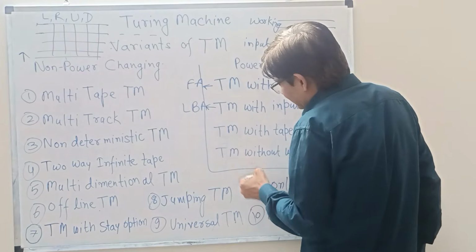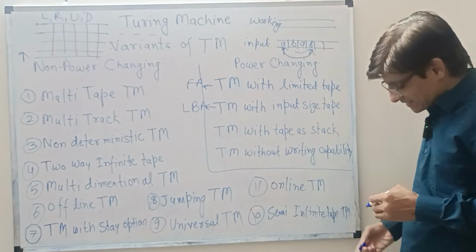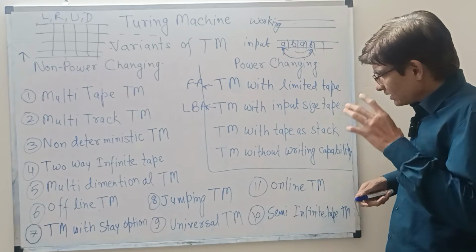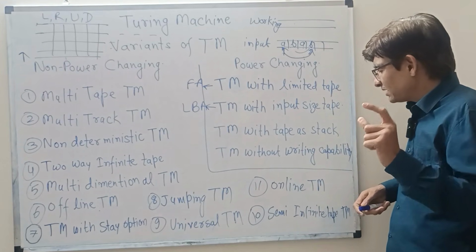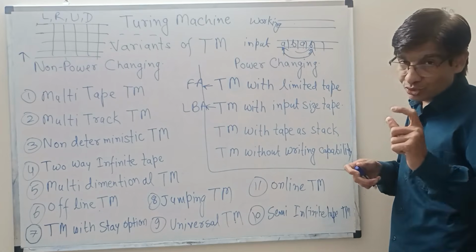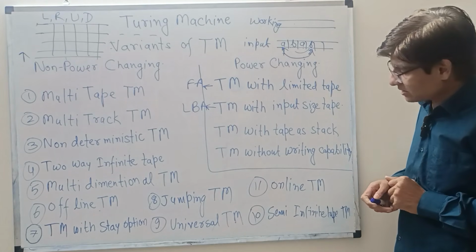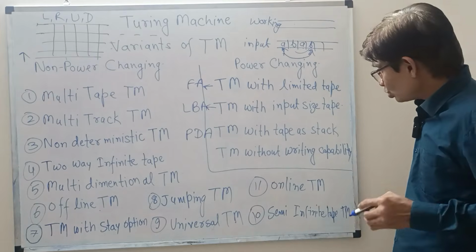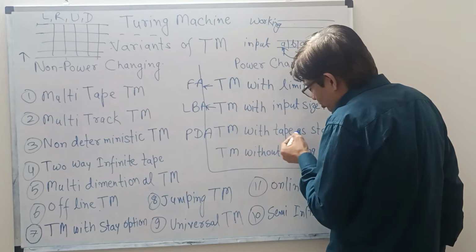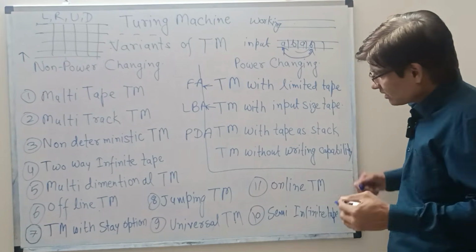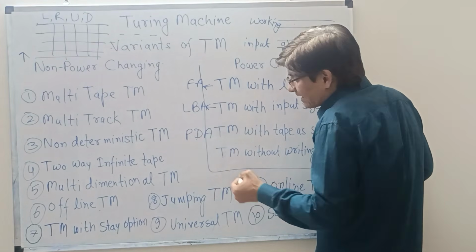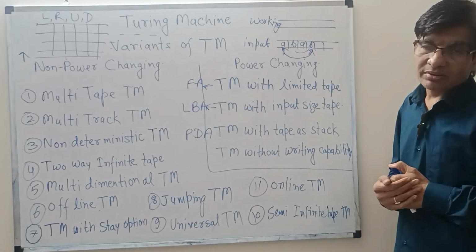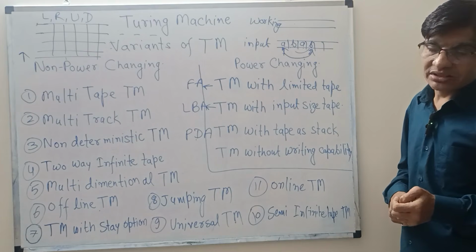Now, the next variant is Turing machine with tape as stack. When we use the tape of Turing machine as a stack to store some symbols, it will work as PDA. So this is also a power decreasing variant. PDA can accept all languages generated from type 2 grammars or context free grammars.